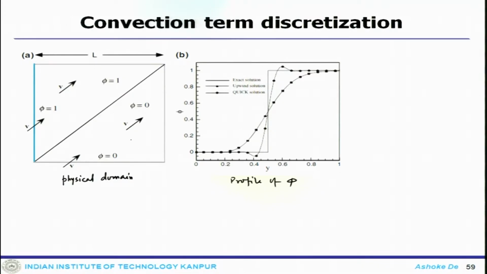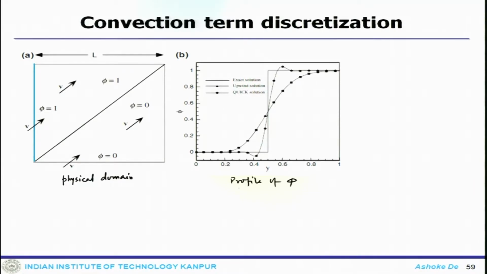So, the phi value is 1 on the left hand side and 0 on the right hand side of the domain. Now, if you do not have any diffusion, then phi equals 1 would always stay along the diagonal or along this line, because you do not have any diffusion. So, the scalar value would not diffuse, it will only convect along this line.